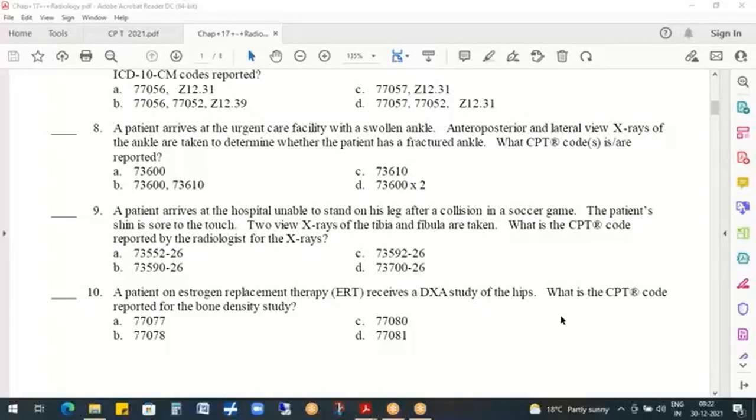Lateral means side, right or left. Here one leg is injured, so right or left we can code. Anterior and posterior if documented, then you can consider it as 2 views.